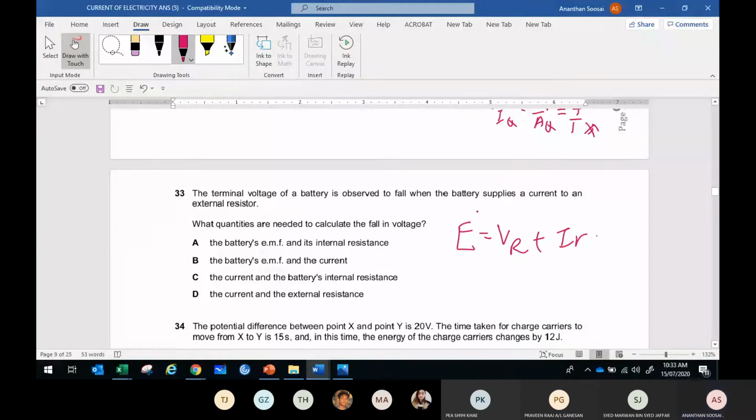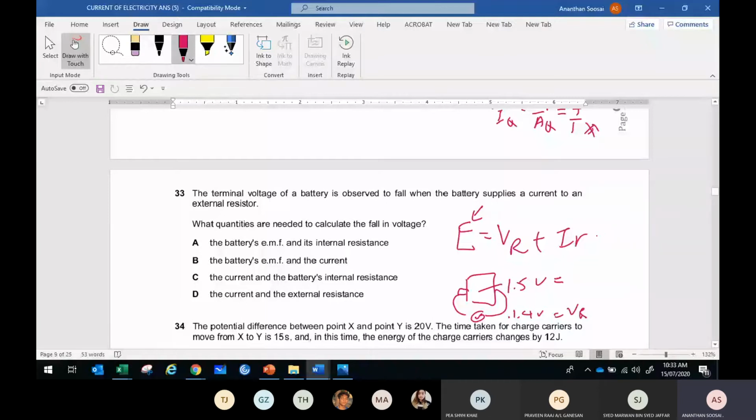Okay. So this is your EMF. Let's say you purchase a battery and the battery has a label of 1.5 volt. But when you connect the voltmeter the reading may be 1.4 volt, so 1.4 volt is the terminal PD, but the EMF is 1.5 volt.